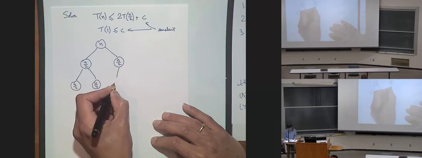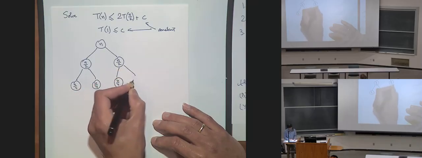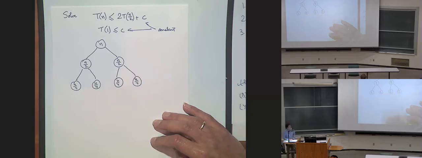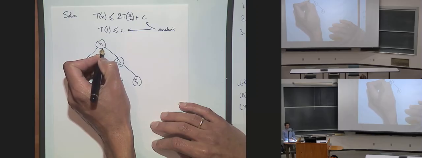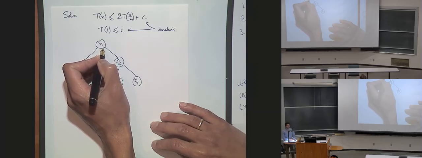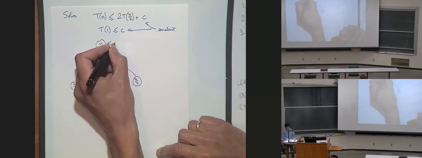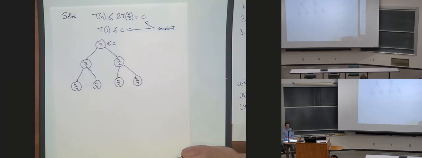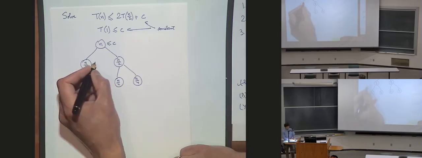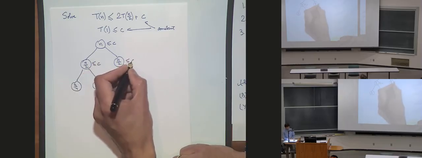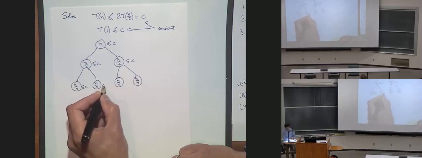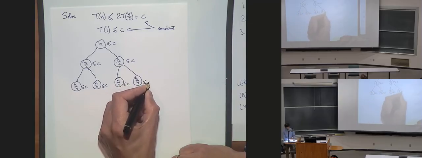Okay. All right. So how much is the work done over here in each node? Yeah, so O of 1, basically it's at most some constant C. Right? What is the work done over here? Same, constant C. Okay.